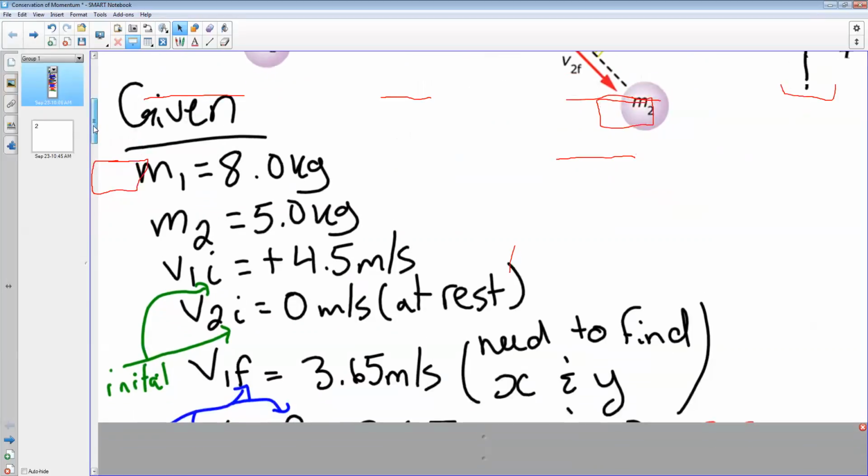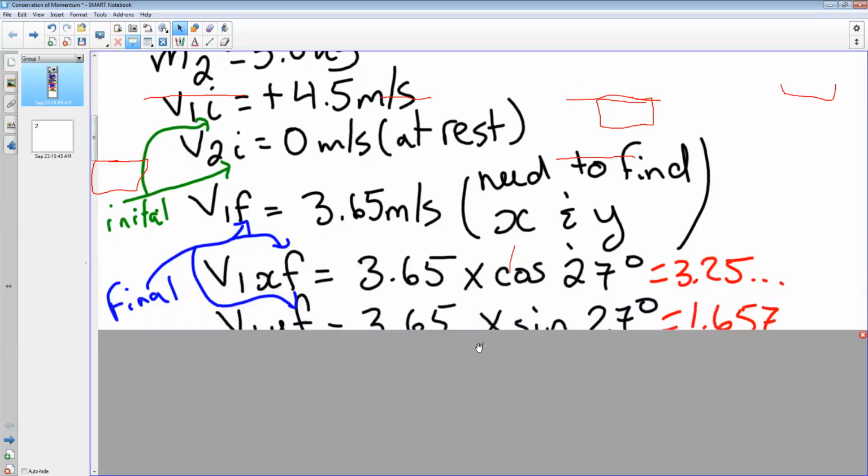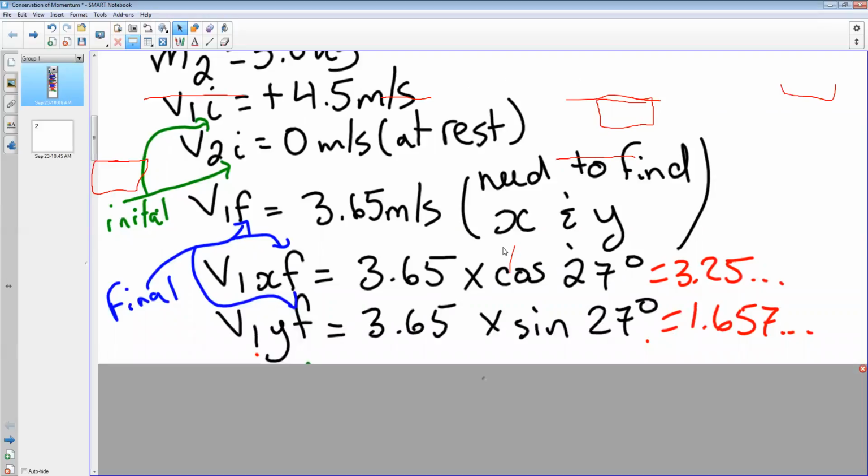Now we need to find the 3.65, the final velocity. To do that, we have to use cos and sine. You could do this later on, but I like to do it at first. It's totally up to you. So I get 3.25 dot dot dot, meaning the number goes on, and 1.657 dot dot dot, meaning the number goes on when you multiply it. Keep in mind, x always associates with cos, y always associates with sine.